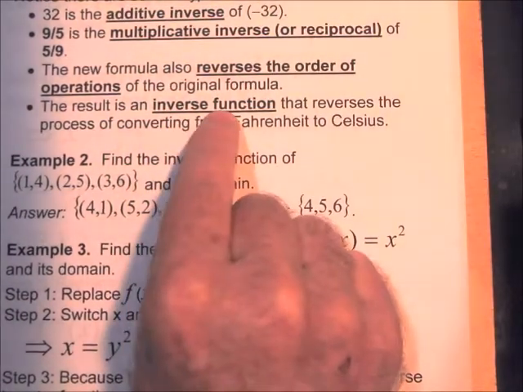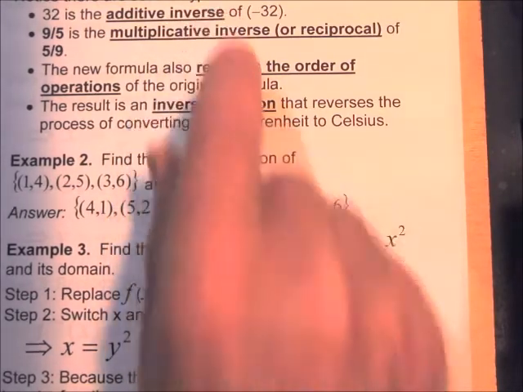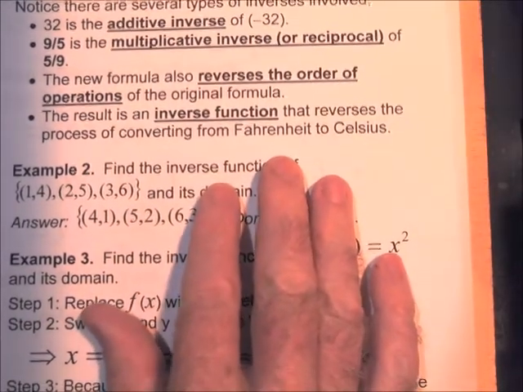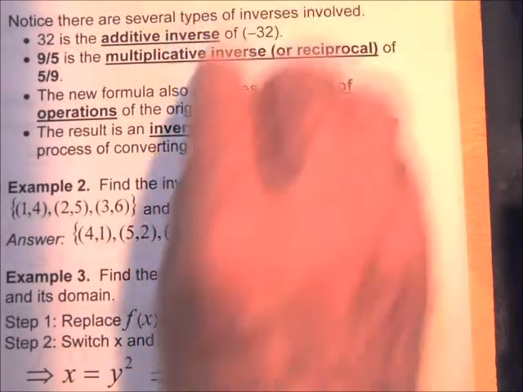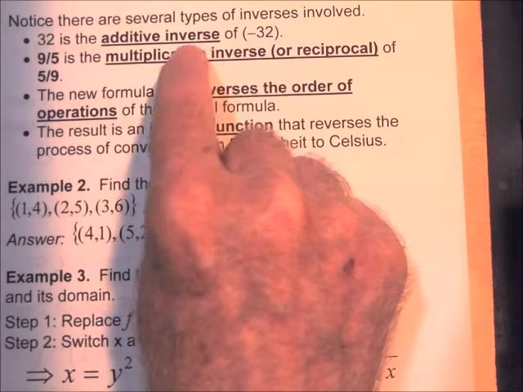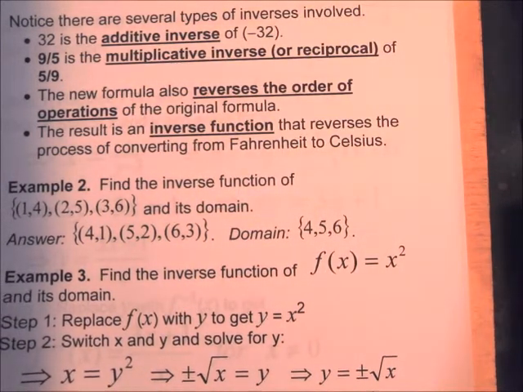Not all inverse functions involve inverting addition or inverting multiplication. They may involve, for example, square rooting, which in some cases can be the inverse of squaring, and there's no additive inverse or multiplicative inverse involved in that process.